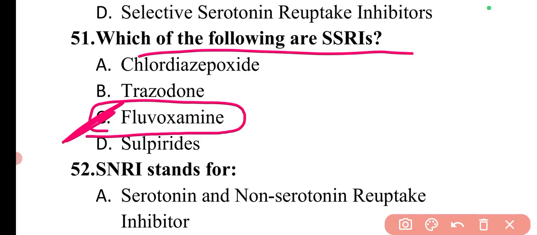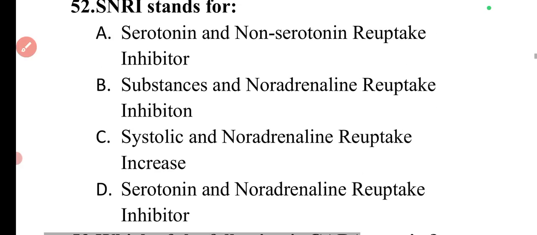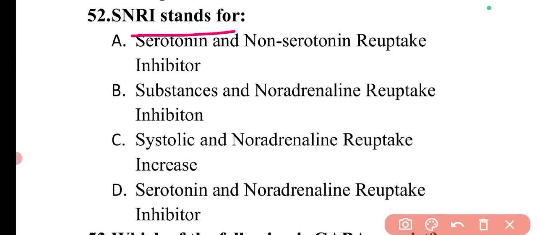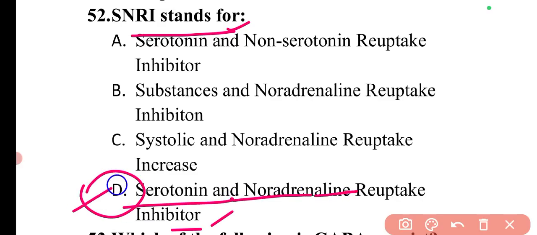This is basically fluoxetine. So here option C is correct. Next question is, SNRI stands for. SNRI is the full form of serotonin and noradrenaline reuptake inhibitor. So here option D is correct.